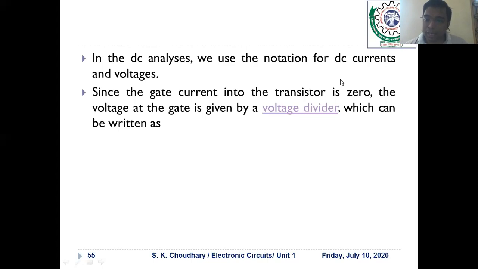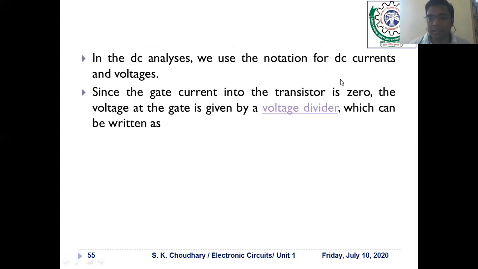Similarly, small i and capital D as the suffix is the combination of AC plus DC drain current. So this is the way we identify whether it is a DC voltage or DC current, AC voltage or AC current. These are very important pieces of information we have to know. Now move to the next.